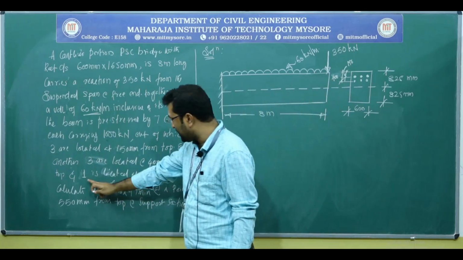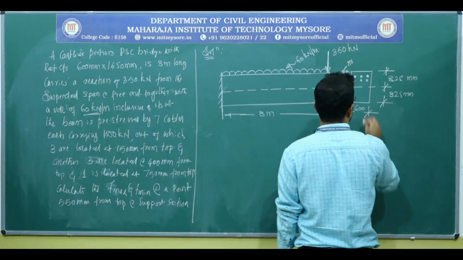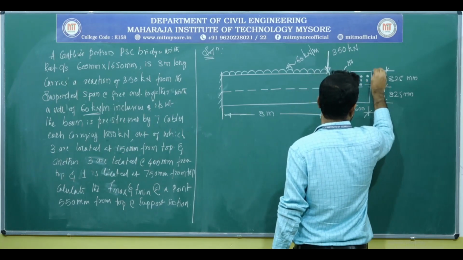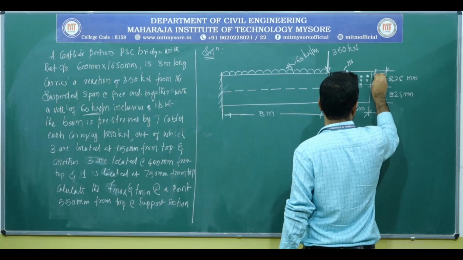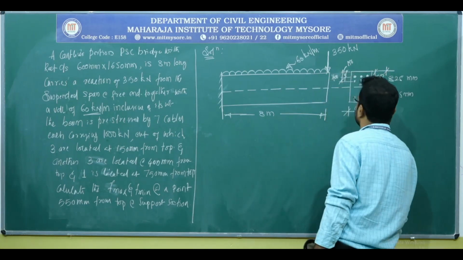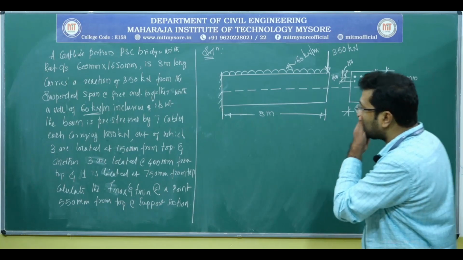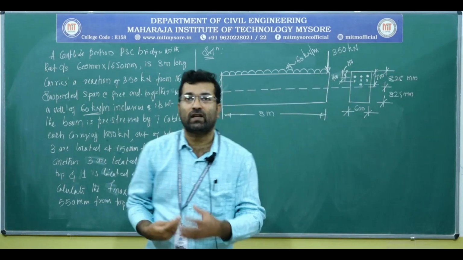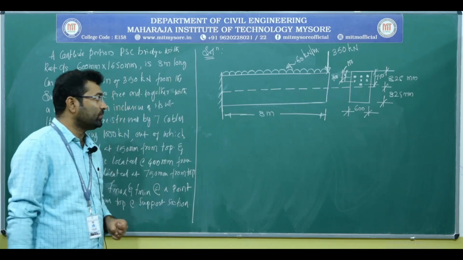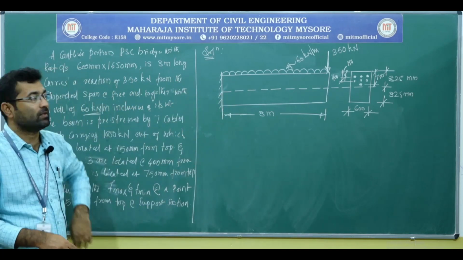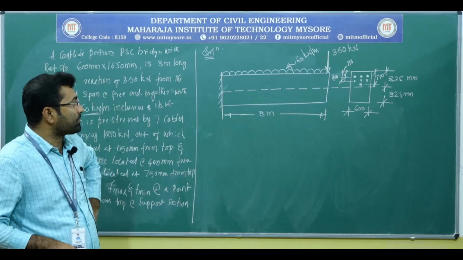And the last one is located at 750 millimeter from the top. Okay. So this is the configuration of the PSC beam. You can see the pre-stressing force is at the top as it is a cantilever beam.